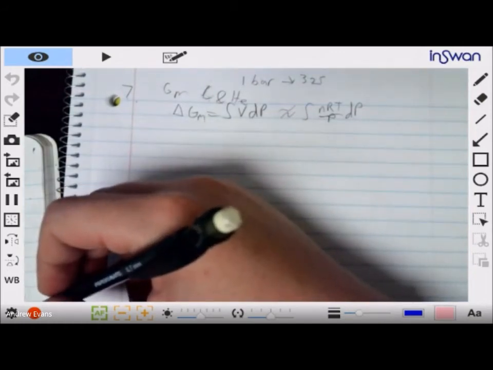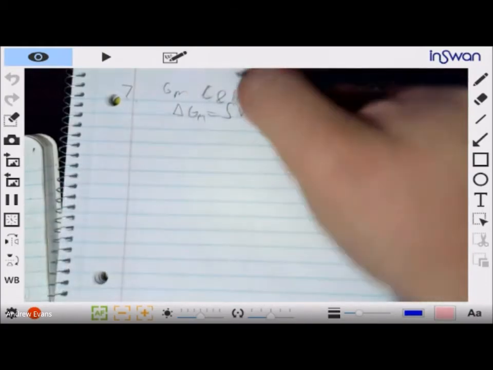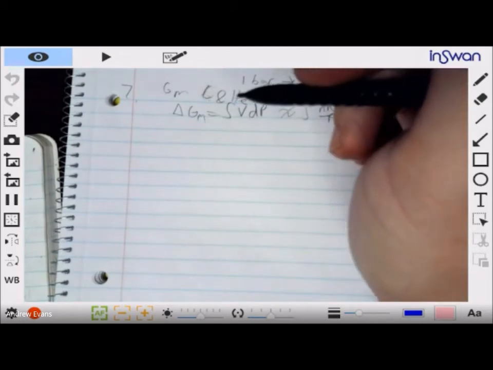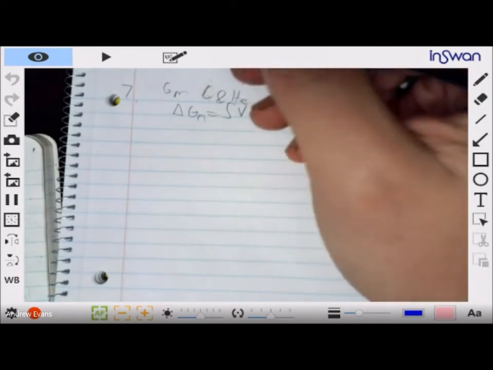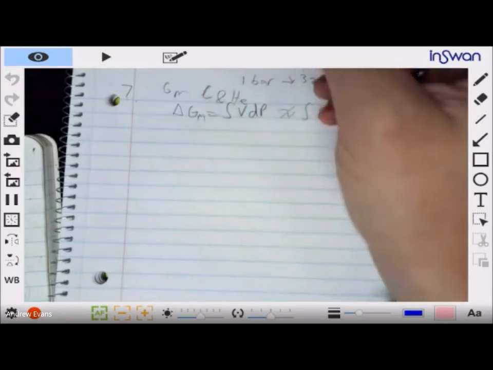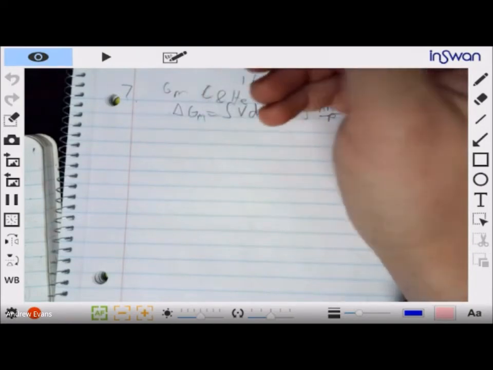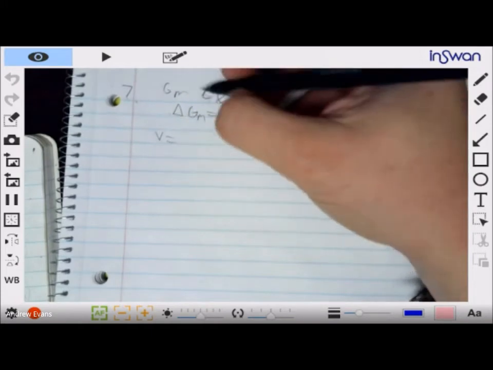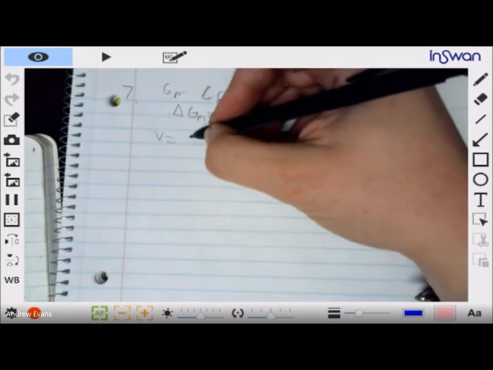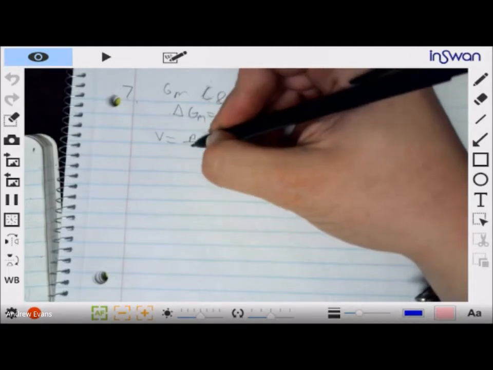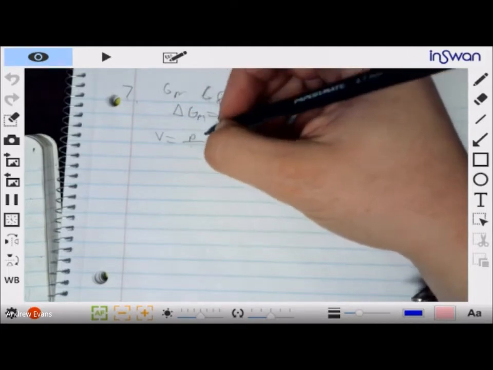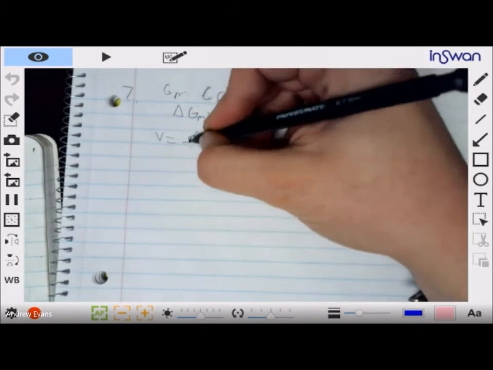Okay, so number 7 asks us to calculate how the molar Gibbs energy changes with carbon versus helium when you increase the pressure from 1 bar to 325. Well, with carbon, you must treat it like a real thing and find the volume of 1 mole. So to calculate volume, you're going to say volume equals mass over density.